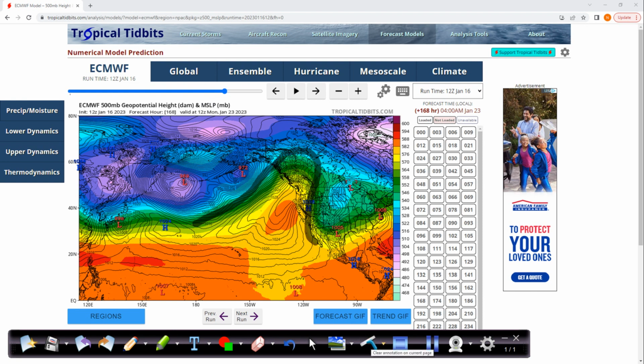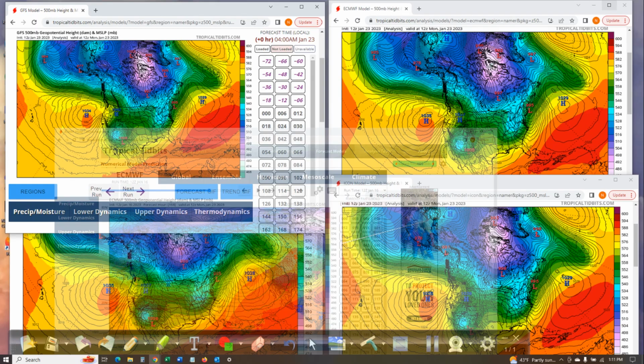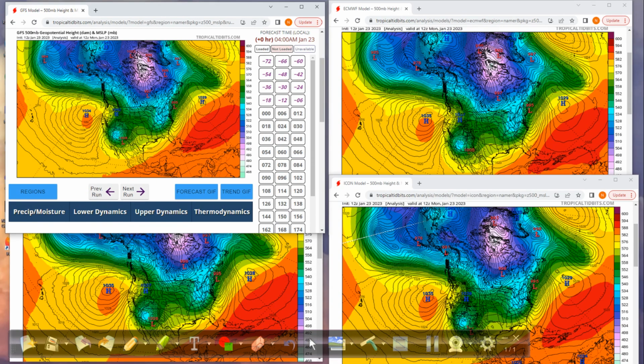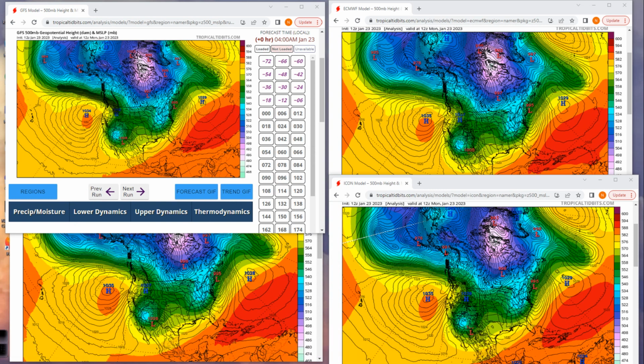Now I'm going to go to what it currently looks like, and that is on these four maps. I mean, it is a little different, obviously, you can see, but these are four different models. The upper left is the US model, called GFS. The upper right is the European model.